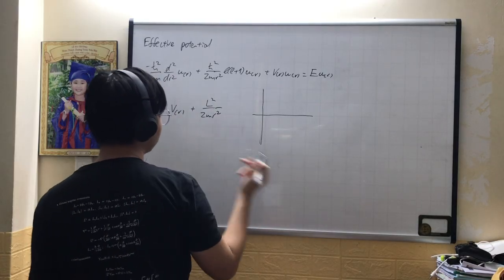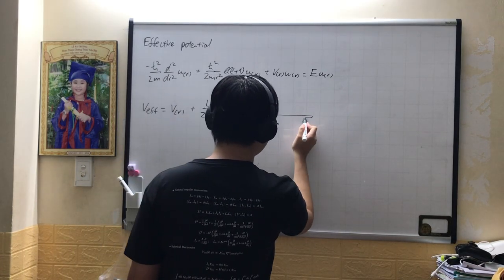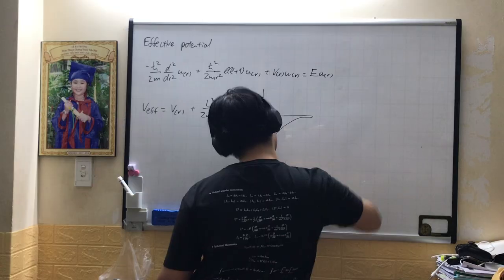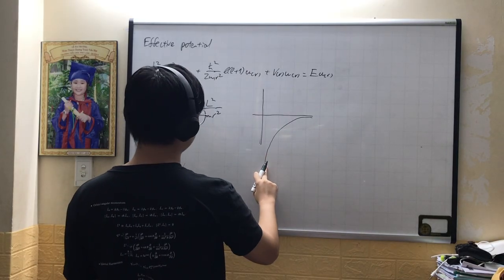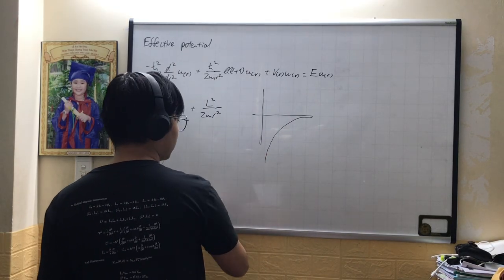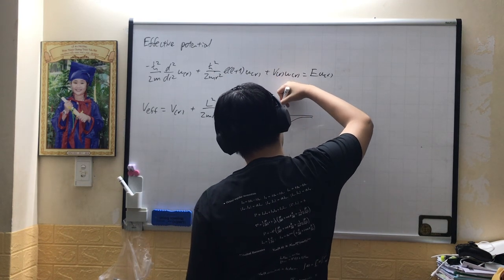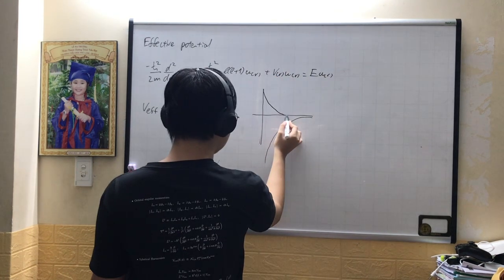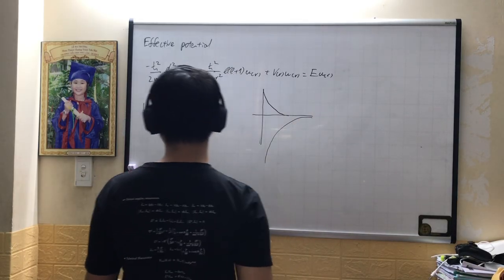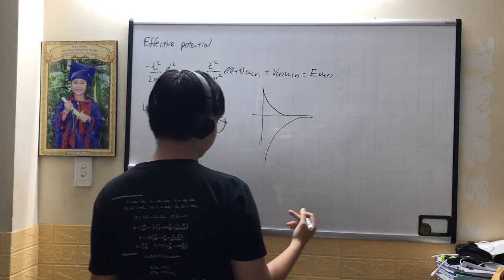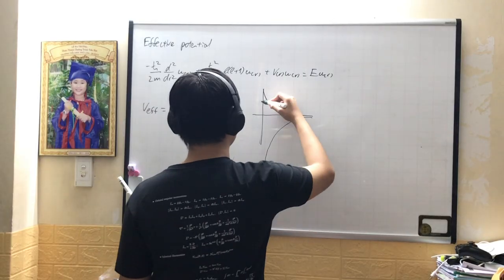This is the central potential, the sinkhole, like that, and the angular momentum term would be something up here, like this. Your effective potential would be something between these two.